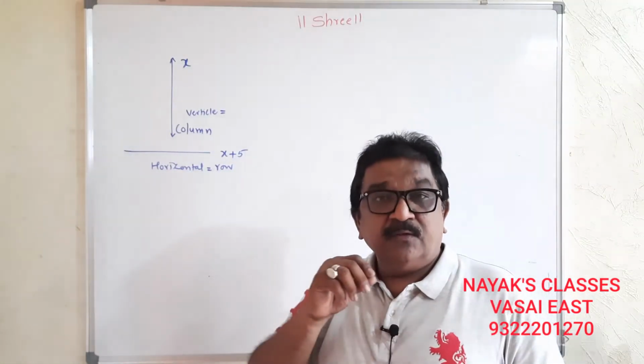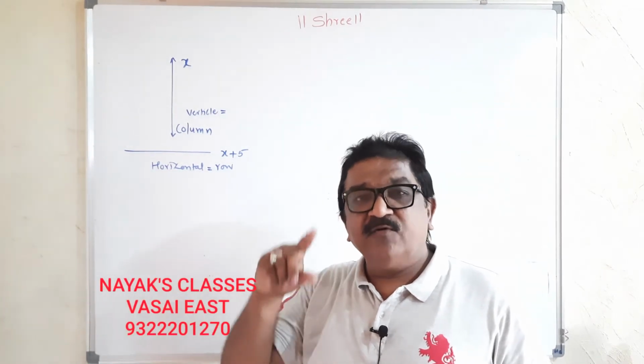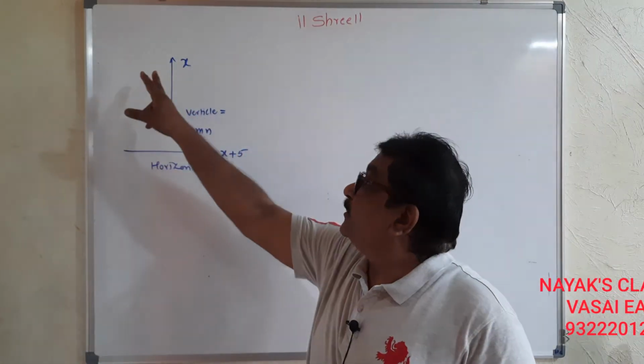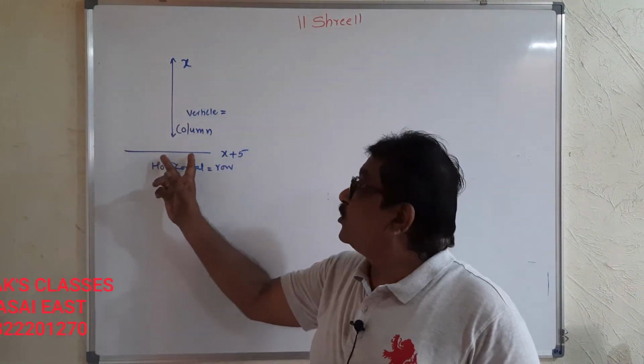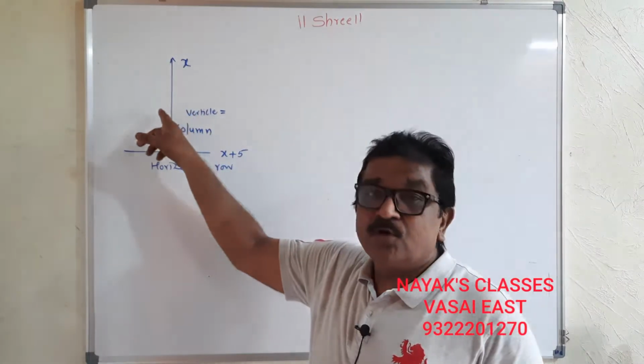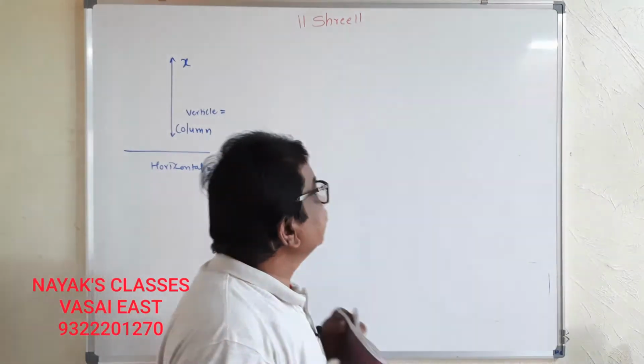So the horizontal line has 5 more trees than the vertical line. So they say there are 5 more trees in the row than the column. Understood? So let us see.